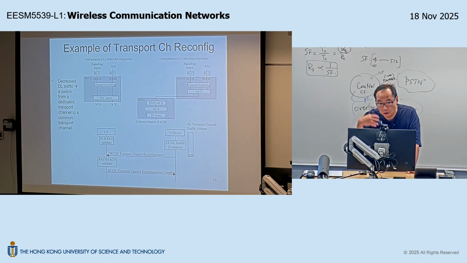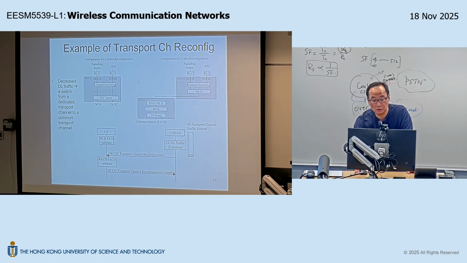So both your control plane and user plane are connected, put it this way. And before that, you have huge demand, right? So the signaling bearer is multiplexed into DCH1, dedicated transport channel 1. The radio bearer for the user plane is multiplexed into DCH2. So that was the configuration.